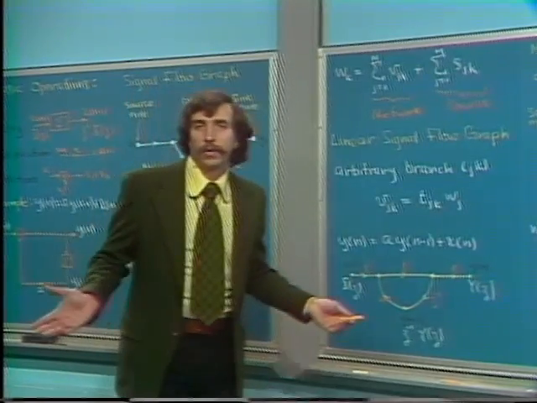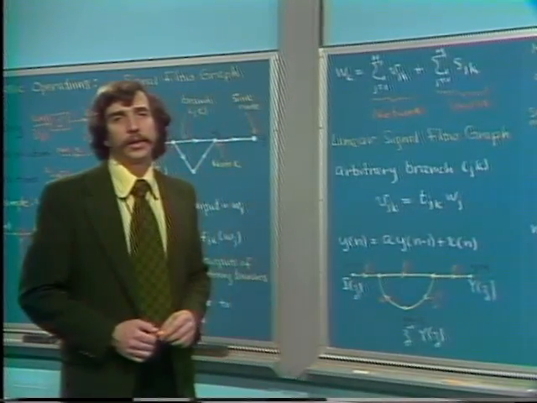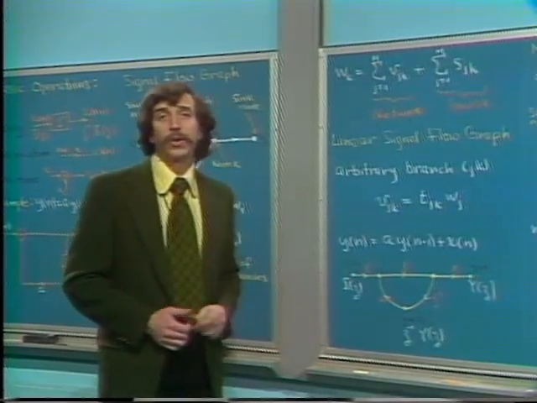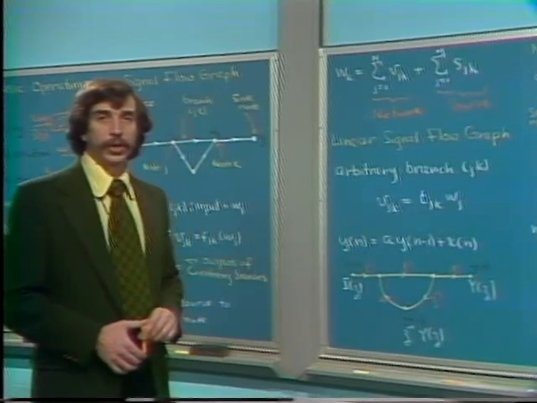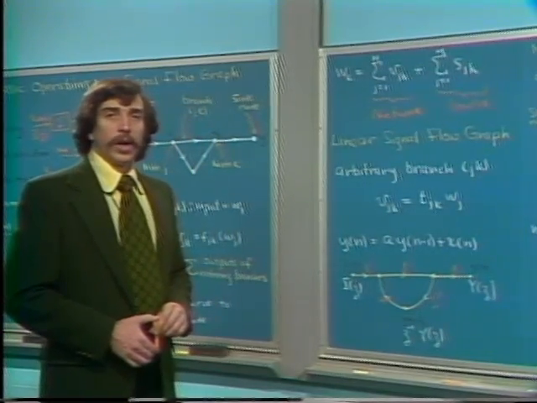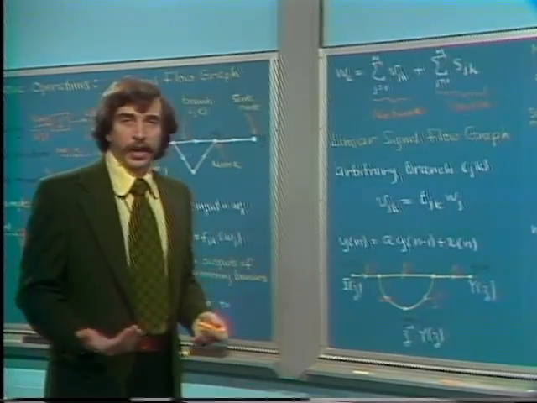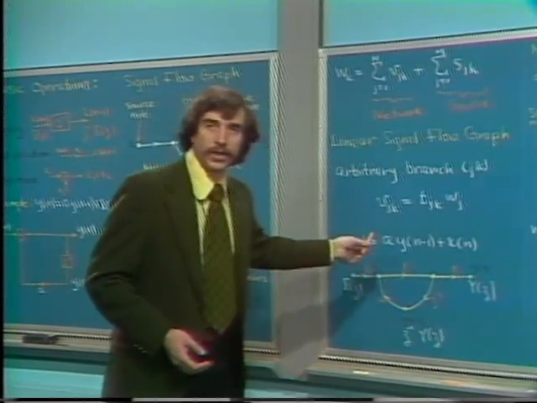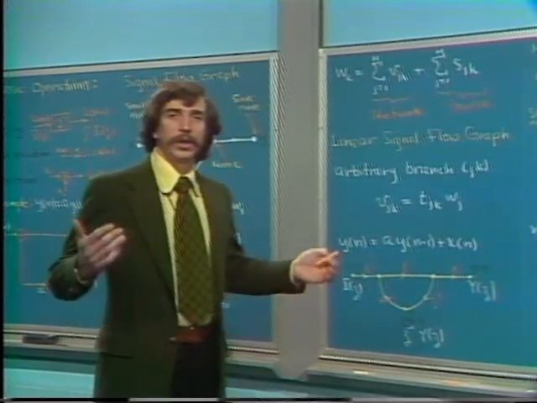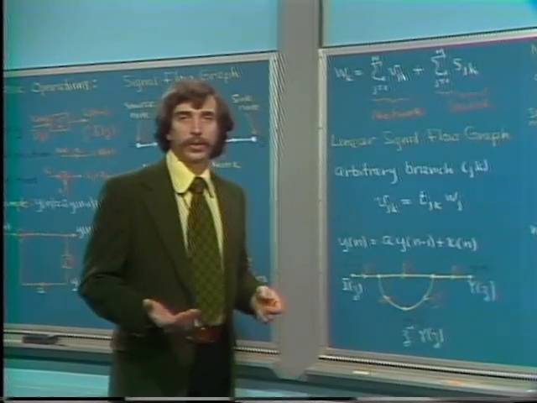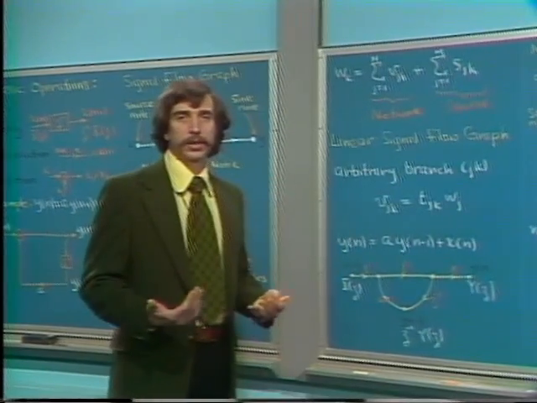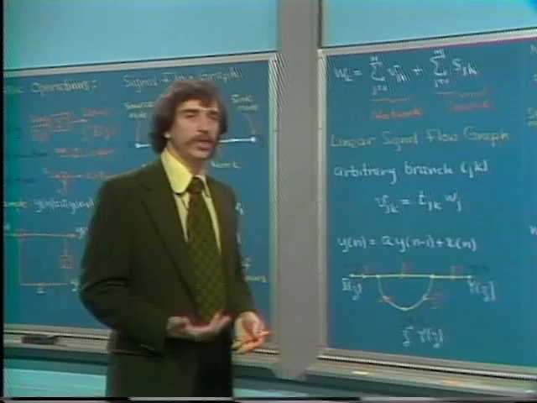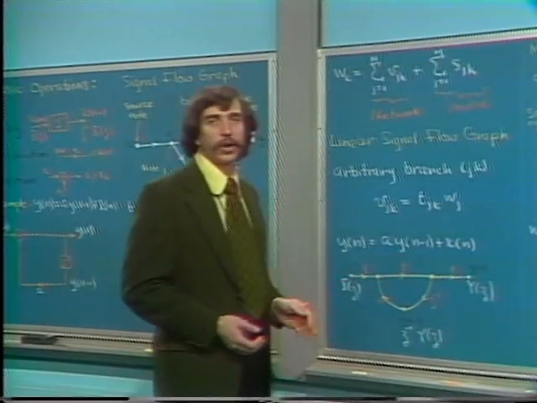If I were, for example, going to implement a difference equation or a signal flow graph on a digital computer, what I would implement, in effect, is not the graphics of the signal flow graph. I would implement the algebra of the signal flow graph. In other words, I would implement the linear set of equations that the flow graph corresponds to.